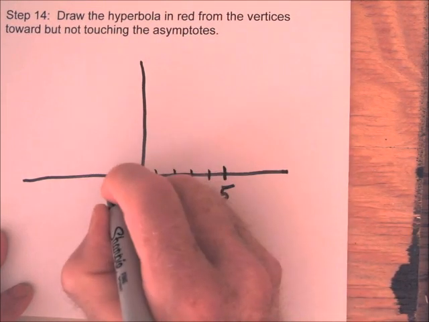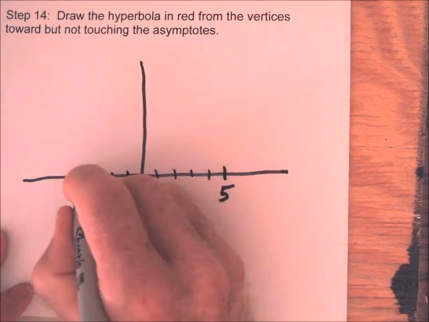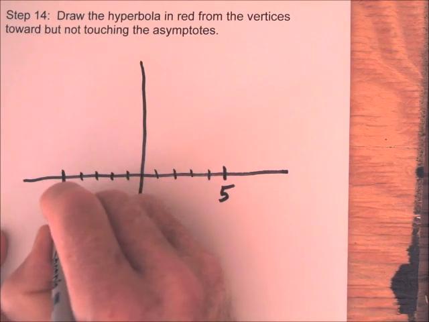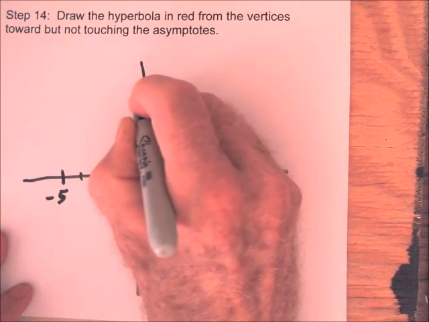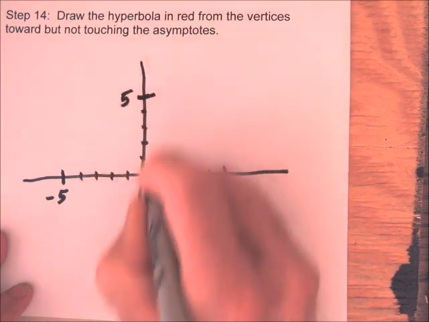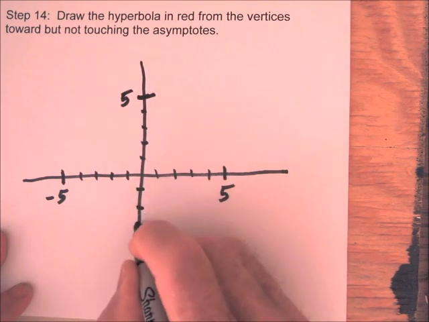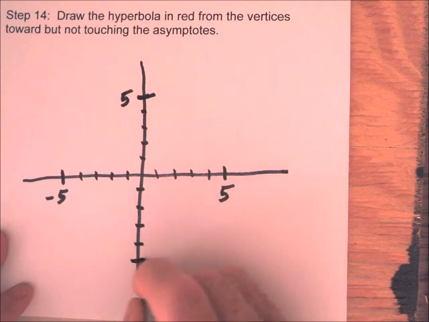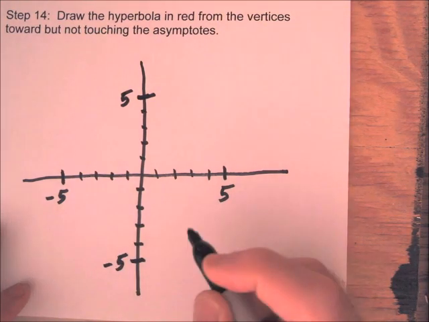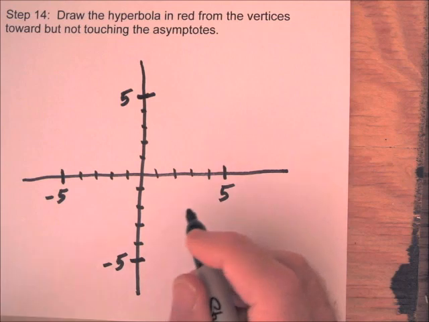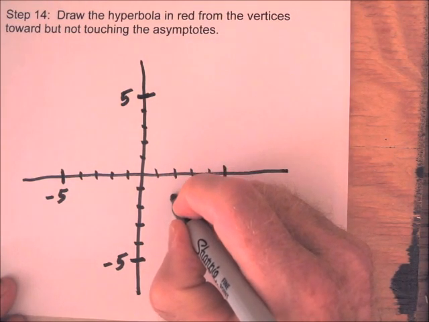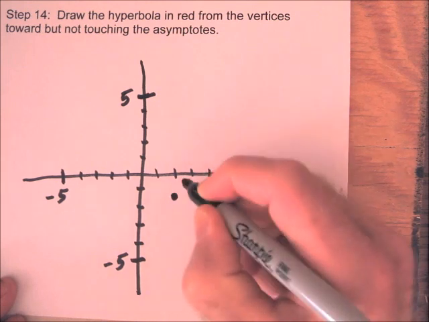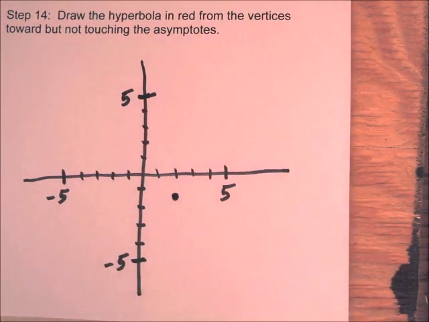I'm just drawing a coordinate system here. Okay, so the center is 2 to the right, down 1.5, 3 halves or 1.5. So that's the center. I'm going to put that in black. So step 11, I say plot the center.